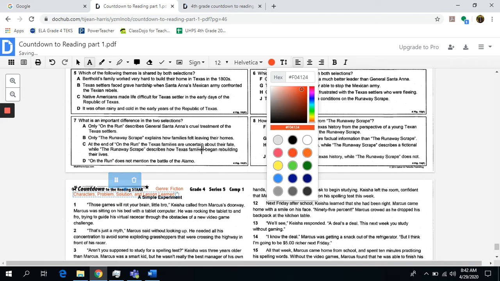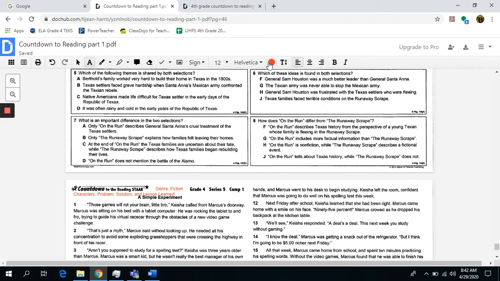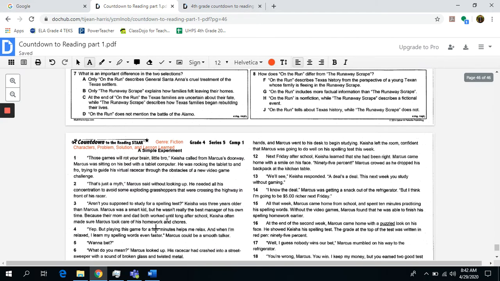So as we're reading, we're constantly thinking about how these things affect the text that we're reading. These four thinking jobs affect the text that we're reading. So let's jump into it.